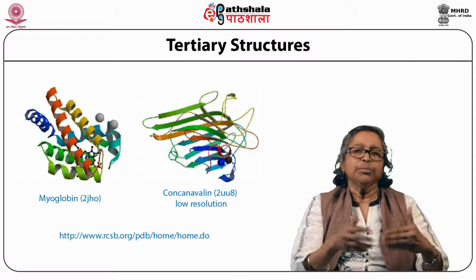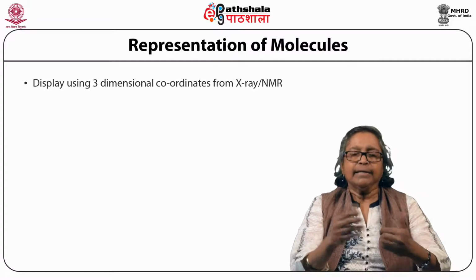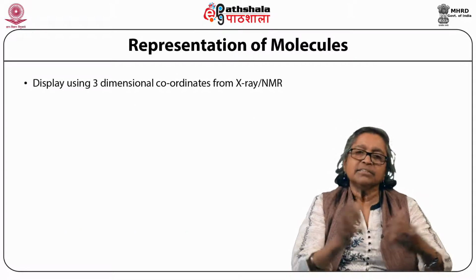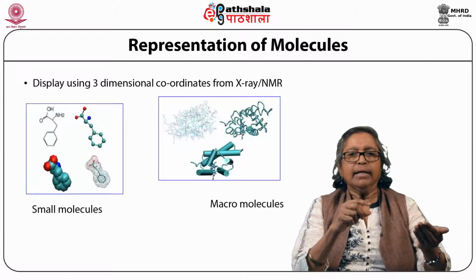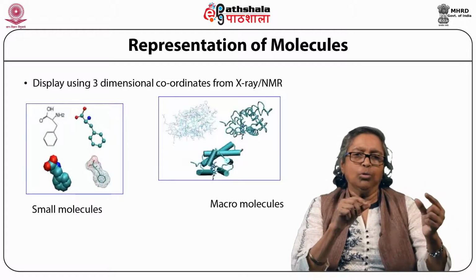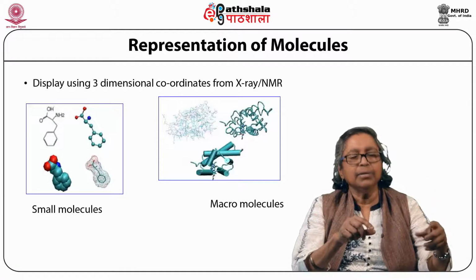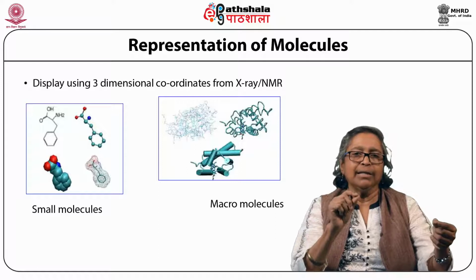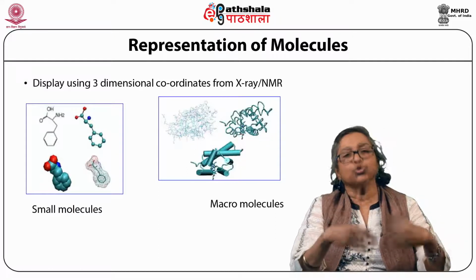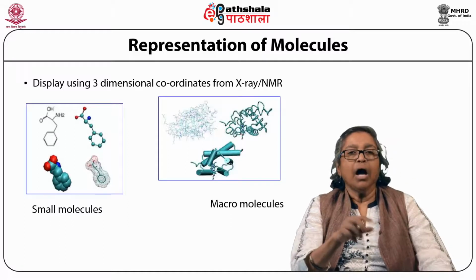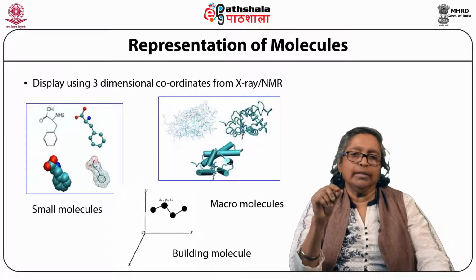Most importantly, we should look at how we represent these structures, which is shown in the next slide. The first picture shows, on the left hand side, that a small molecule as well as a protein can be shown as a line diagram, then a ball and stick model, and then a space filling model, which shows the whole structure. How to build a molecule is shown at the bottom.